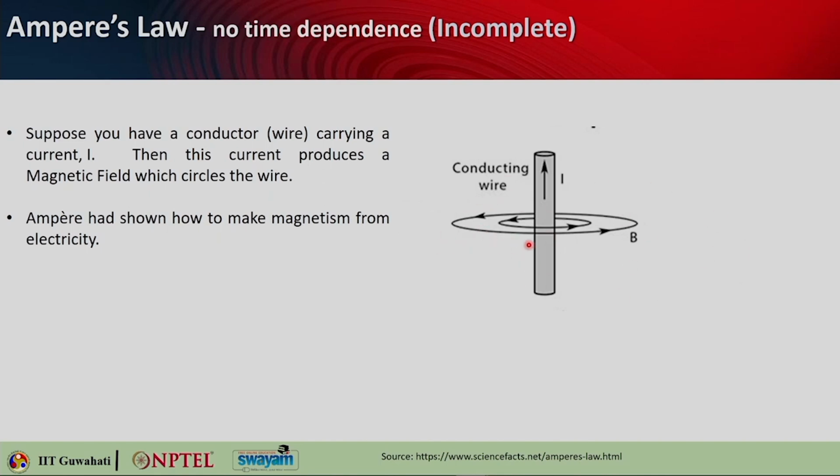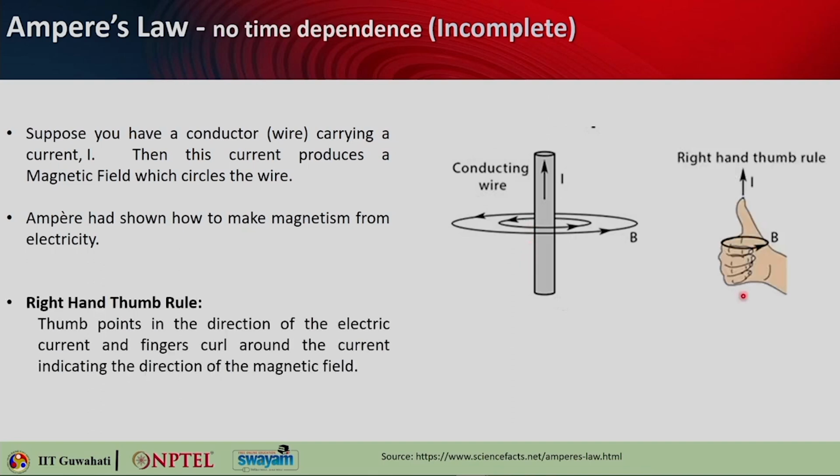Again you can take it this way: the right hand thumb rule is followed. If the thumb points in the direction of current flow, the fingers point in the direction of the magnetic field. So Ampere had shown how to make magnetism from electricity. That is actually a big discovery, because you are able to get magnetic fields or magnetism by current flow.